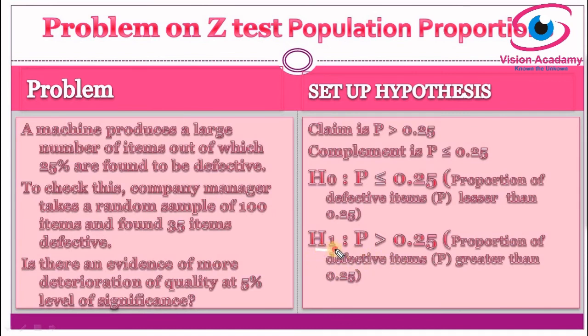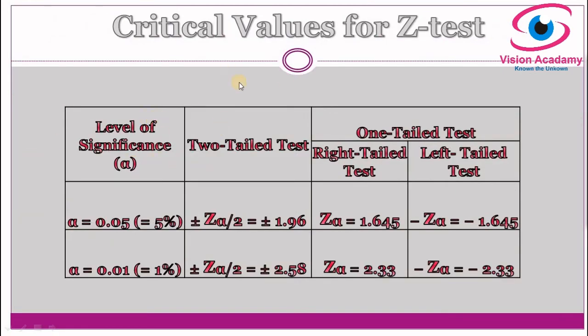Since our alternative hypothesis is right-tailed, which means one-tailed, on the right side, meaning greater than, this is a right-tailed test. So the rejection region falls on the right side of the sampling distribution.